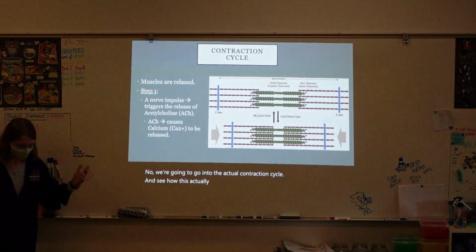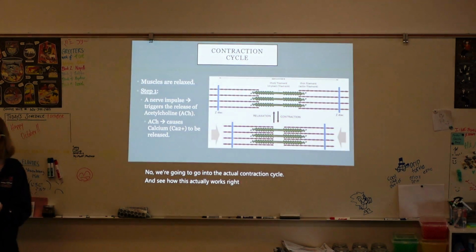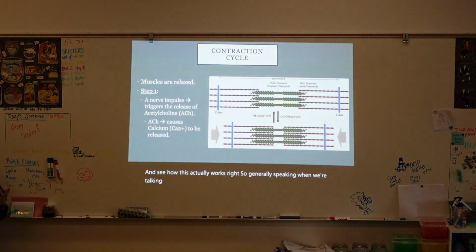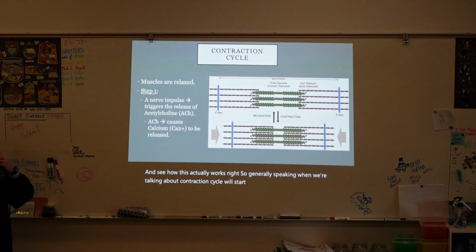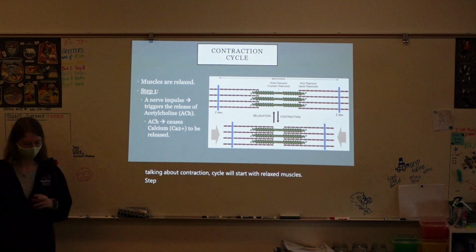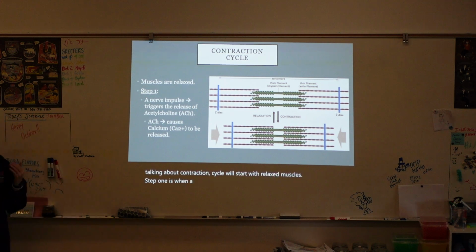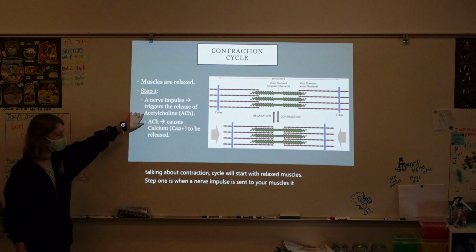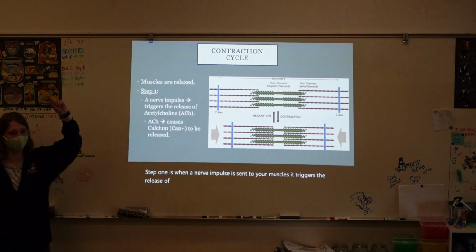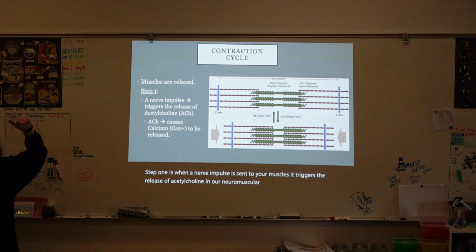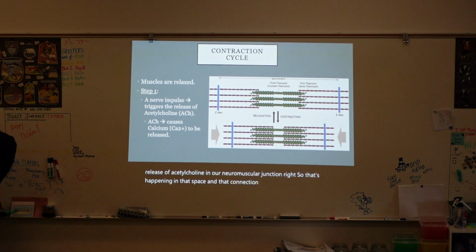Alright, so generally speaking, when we're talking about the contraction cycle, we'll start with relaxed muscles. Now, step 1 is when a nerve impulse is sent to your muscles, it triggers the release of acetylcholine in our neuromuscular junction. So that's happening in that space and connection point between our neuron and our muscles.